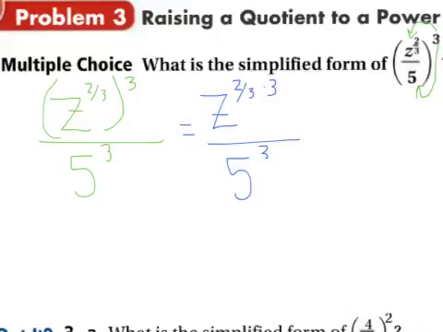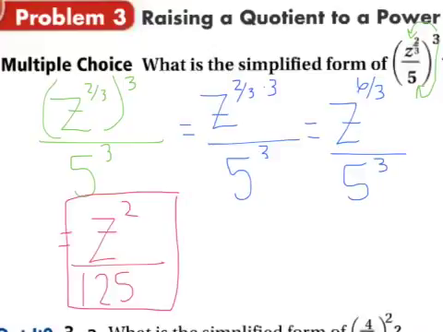Because my numerator has a single base with a power raised to a power, I would multiply the exponents 2/3 and 3. I would get z to the 6 over 3 divided by 5 to the third. Now I'm going to simplify my final answer, and I would get z squared divided by 125. Now press pause on the video and go to Nearpod and complete Got It question number 3.